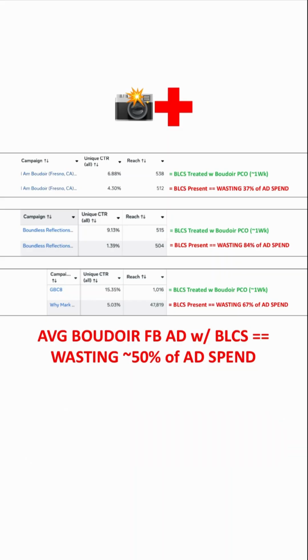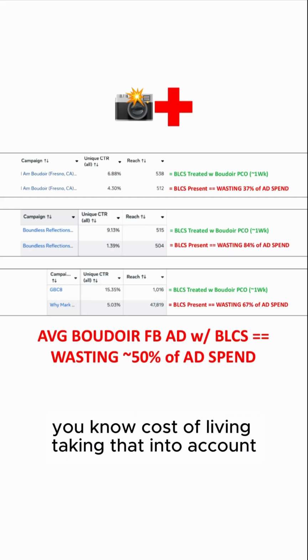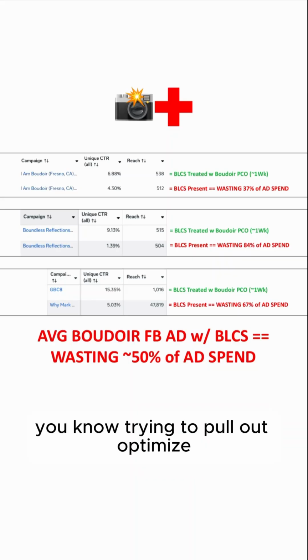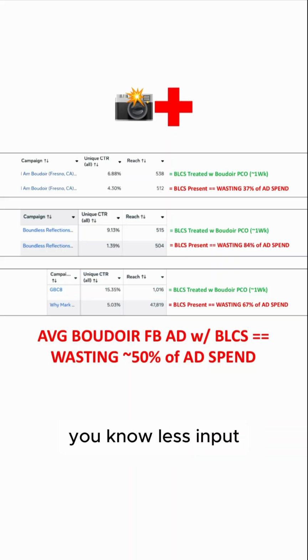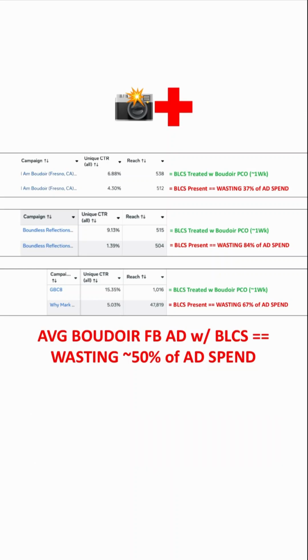And so you're also seeing inflation and cost of living, taking that into account. So you've already been optimizing your business, trying to pull out more profit for, ideally, less input, less work. Try to get a jump on all this and remain competitive.